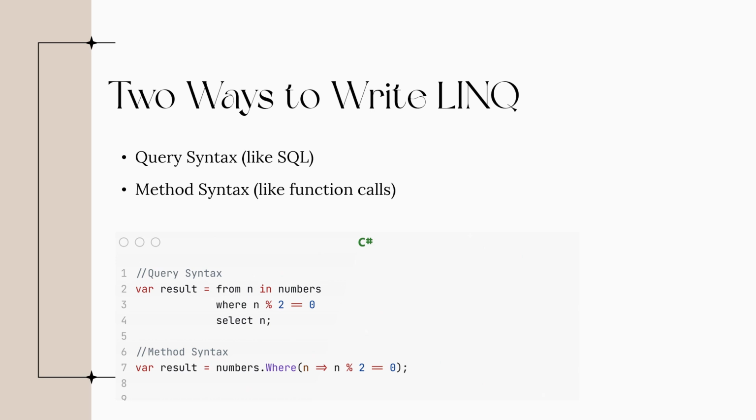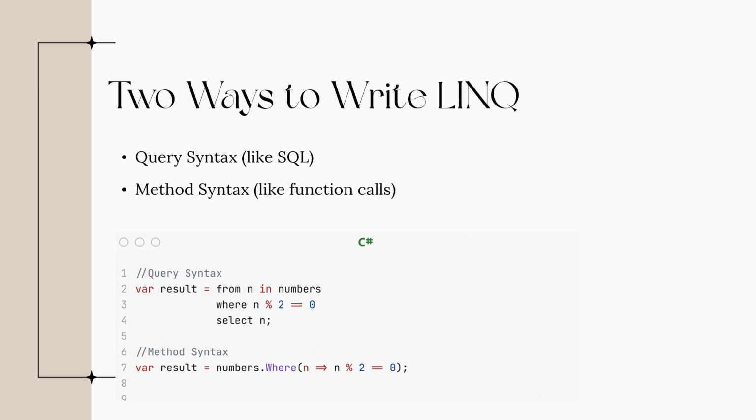So let's talk about two ways to write LINQ. LINQ provides two ways to write queries. The first one is query syntax. This looks similar to SQL and is easier to read for those familiar with databases. And the second way is method syntax.